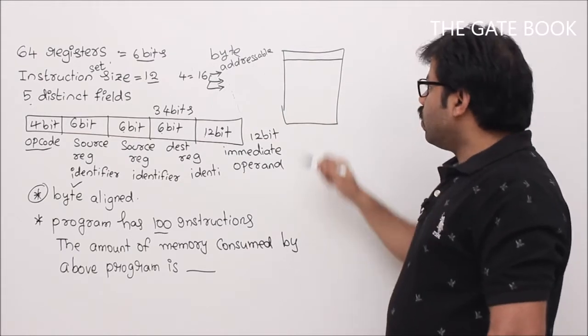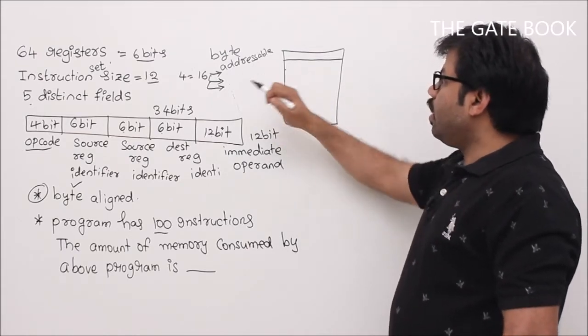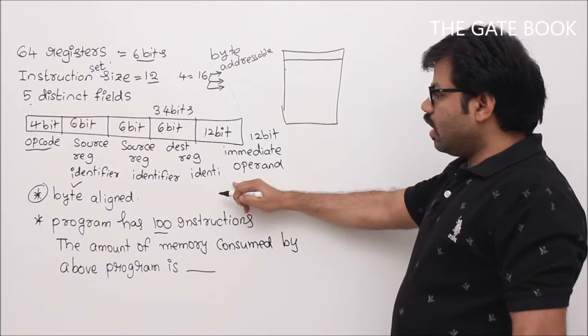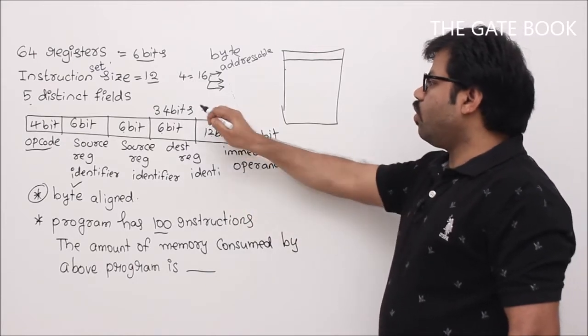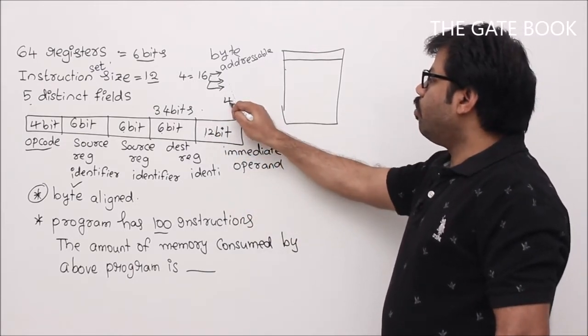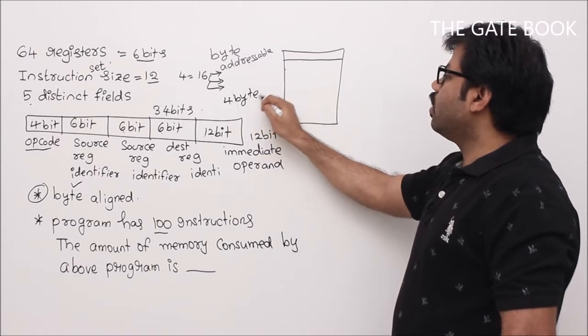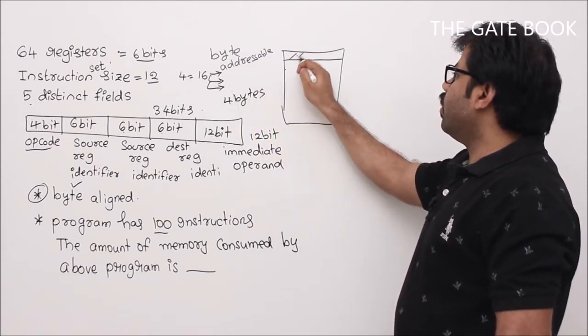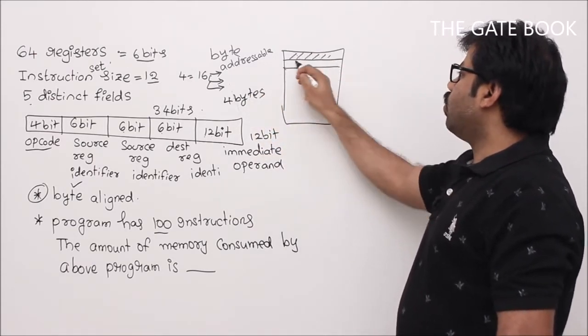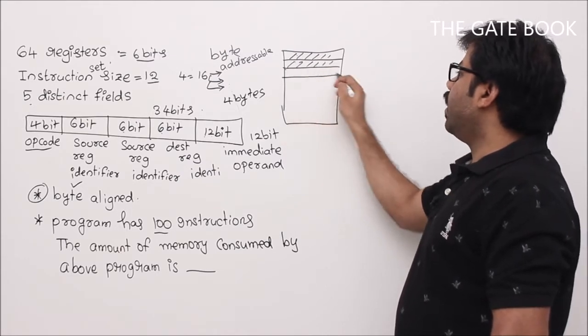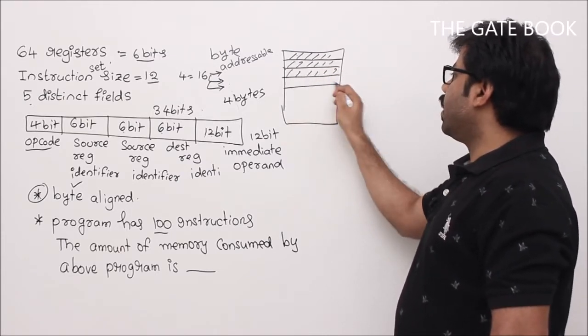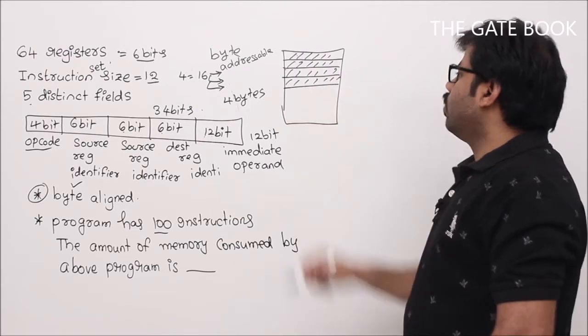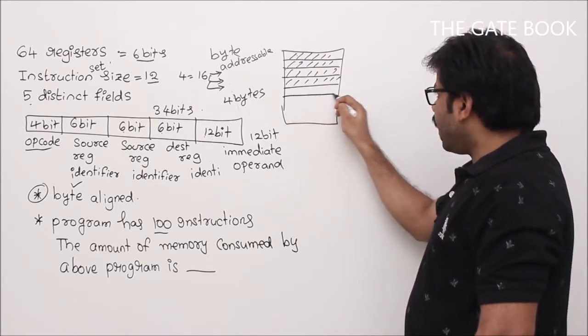First of all, to store one instruction, how many bytes are required? Here you have 34 bits. 34 bits means 4 bytes plus 2 bits, correct? So the first byte is occupied, the second byte is occupied, the third byte is occupied, the fourth byte is occupied. Now the fifth byte, do you need the entire fifth byte?